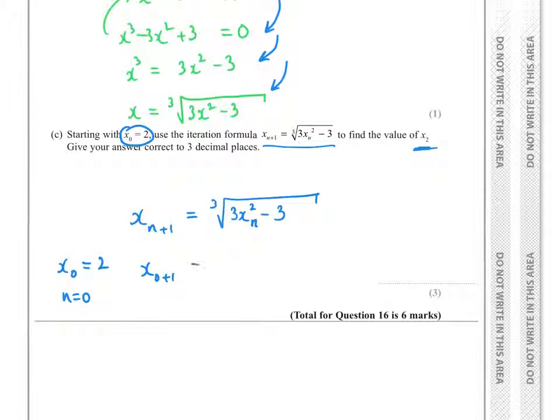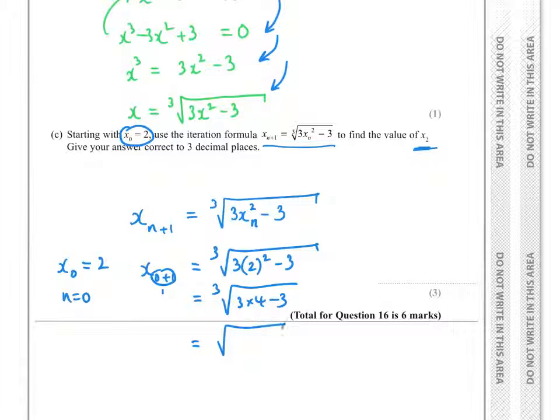So x1 would be the cube root of 3 lots of x subscript 0 squared, which is 2 squared, minus 3, which gives us the cube root of 3 times 4 minus 3, which is the cube root of, well, that's 12 minus 3, which is 9, the cube root of 9.